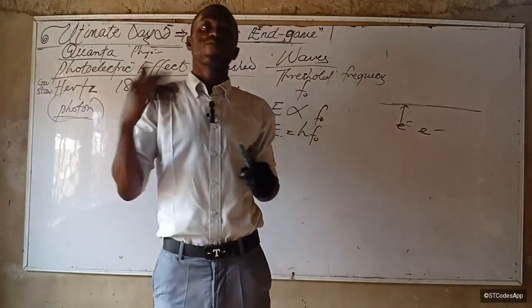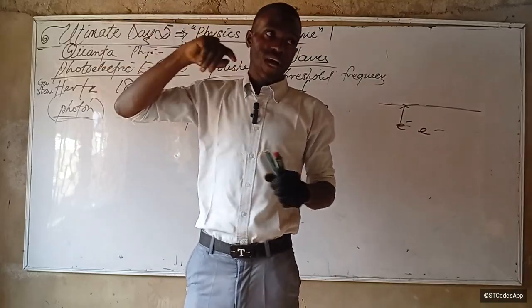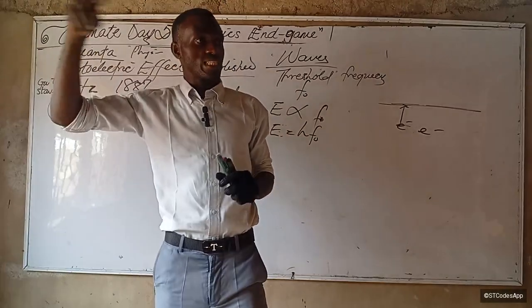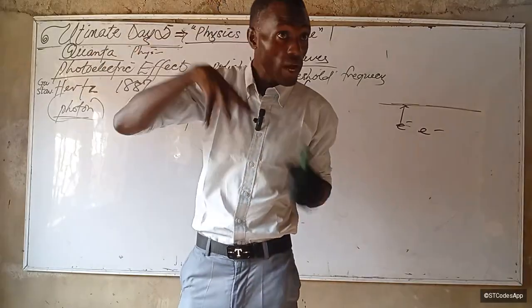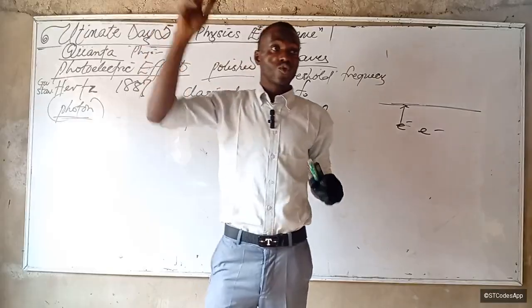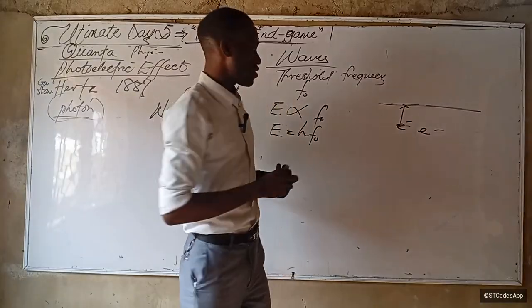And we said if an electron moves from one energy level to another that is higher than it, what will it do? Has it gained energy or lost energy? It has gained energy. If it moves from what? Low energy level to high energy level. But if it moves from a high energy level to a lower energy level, it will lose energy. All right.